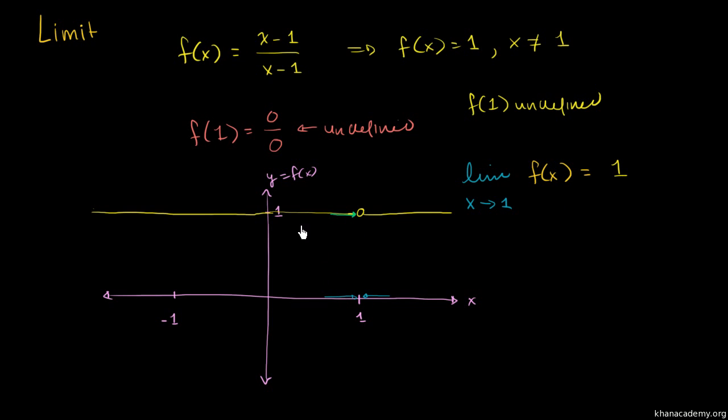Let me do another example where we're dealing with a curve, just so that you have the general idea. So let's say that I have the function, and just for the sake of variety, let me call it g of x.